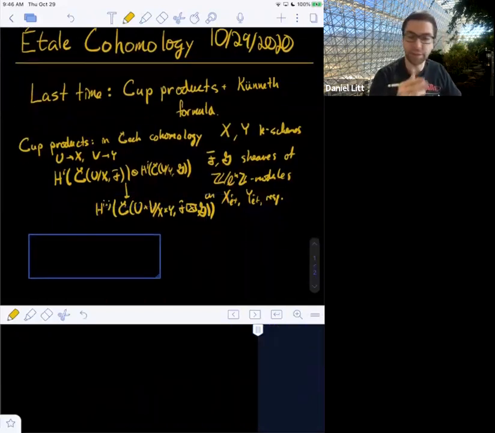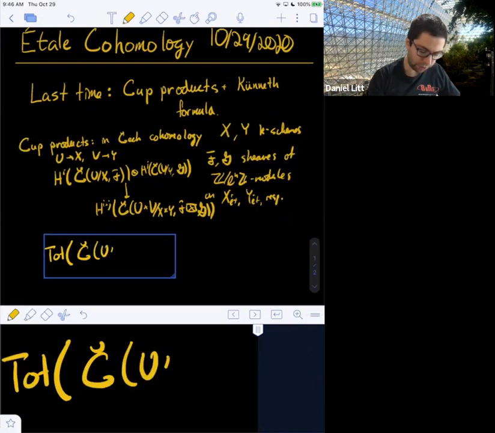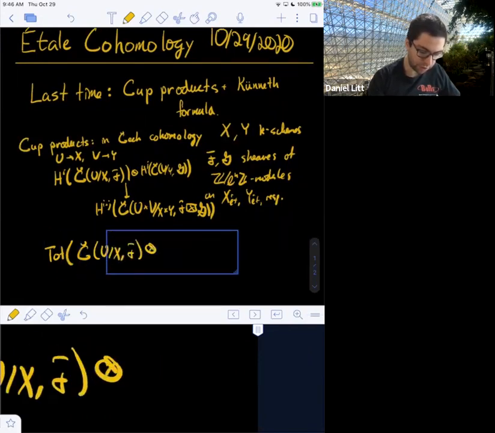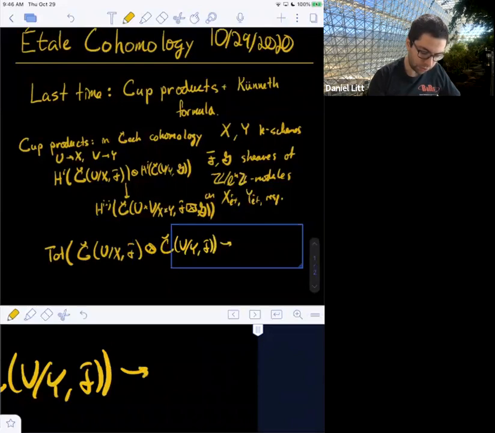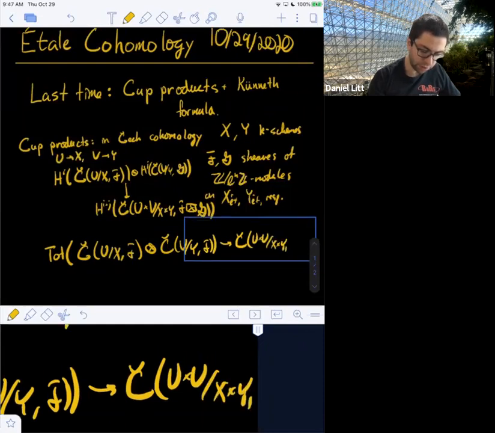Okay, and what is this? This actually comes from a map of complexes. So this comes from a map from the total complex of the Čech complex of U over X with coefficients in F, tensored with the Čech complex of V over Y, G, to the Čech complex of U cross V over X cross Y, F boxed product G.